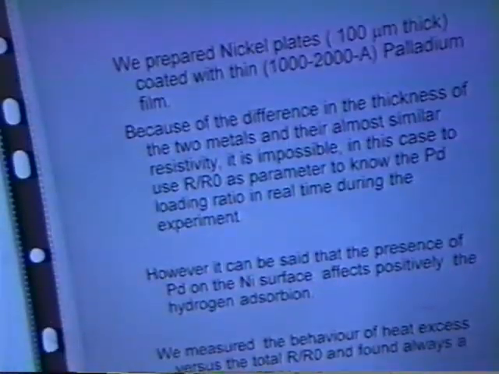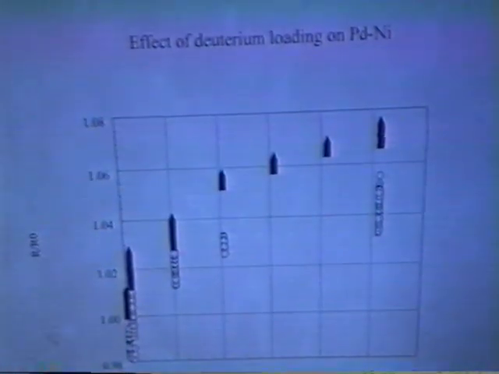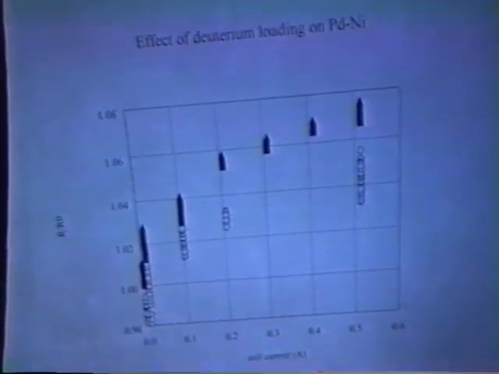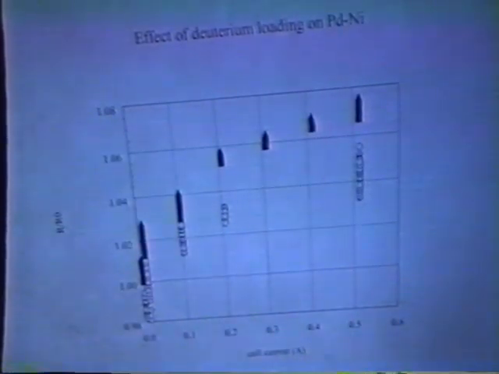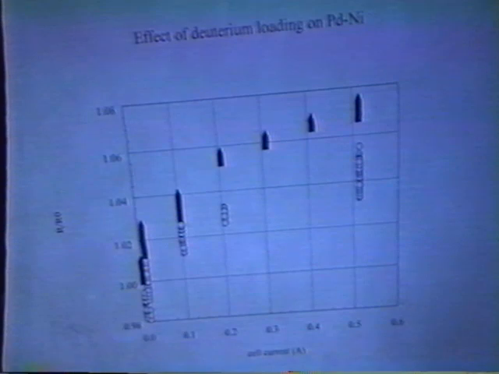However, we can say that even if the nickel is coated by palladium film, its resistance versus the cell current during the electrolysis is increased. So the situation is not worse than in the case where nickel is alone in electrolysis. It is not much, it's just an indication that allows us to say that in some way palladium lets the hydrogen or deuterium enter and pass through the film.